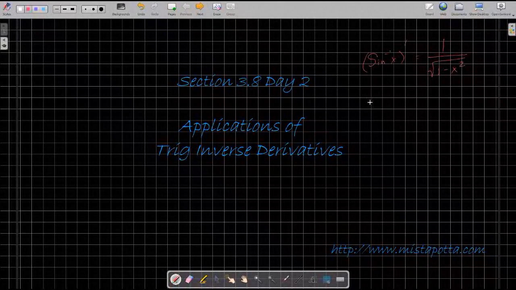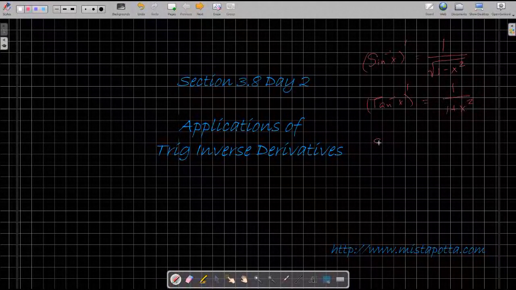I could do the same thing for tangent inverse of x, and that's going to be equal to 1 over 1 plus x squared.